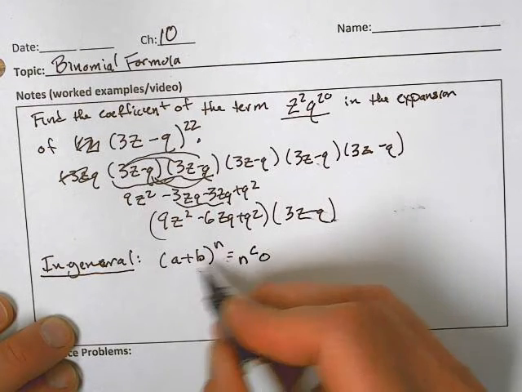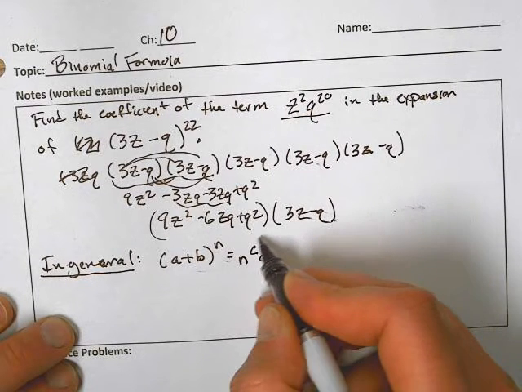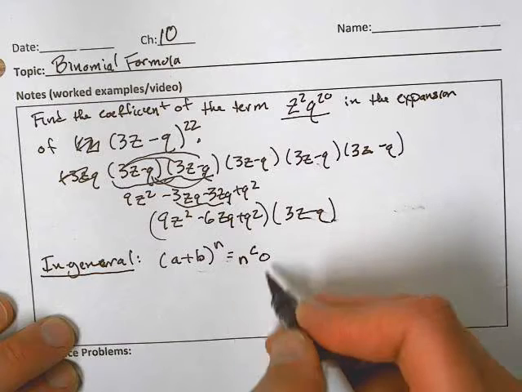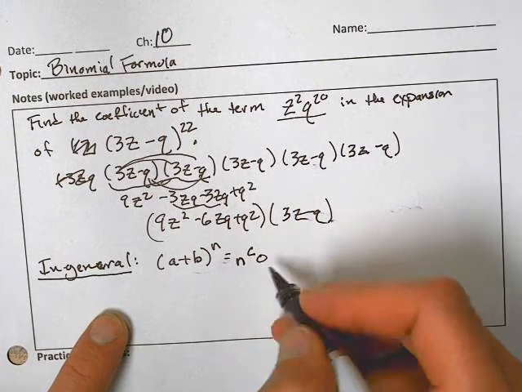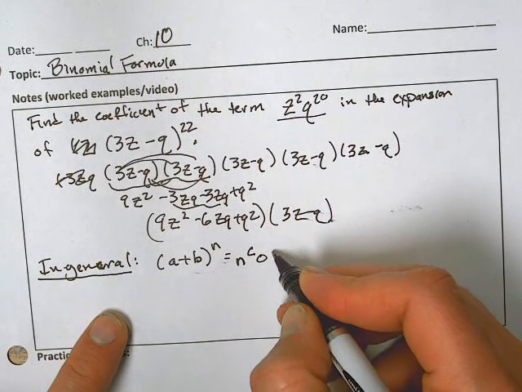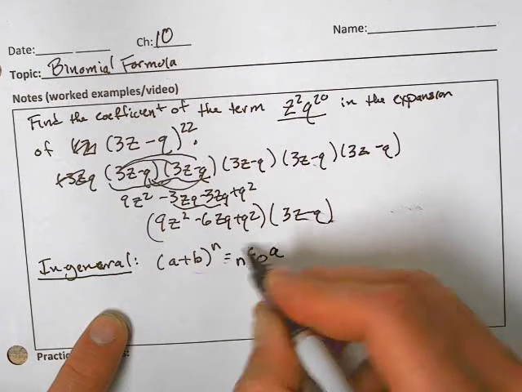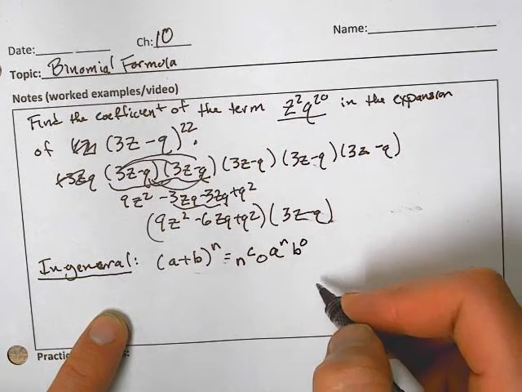Now if you're on this topic, there is a whole topic just about combinations and what the formula is and so forth. Here we're just going to use a calculator to figure out what these combinations are, so that's kind of nice. But anyway, it'd be n choose 0, then the first term a to the full highest power of n, and then there'd be absolutely no b's. It'd be b to the 0.